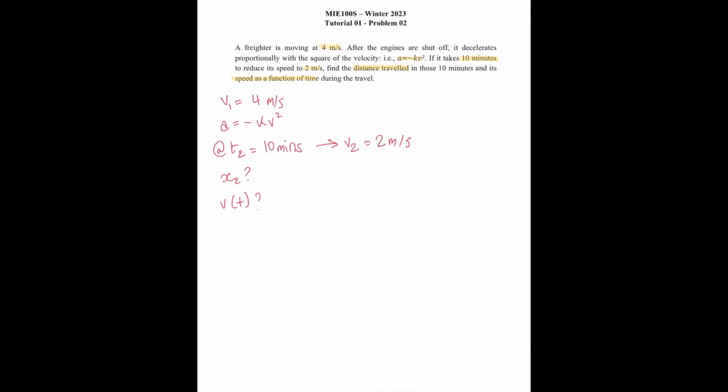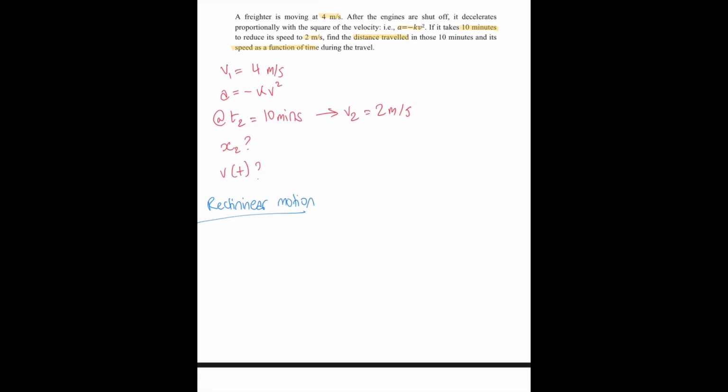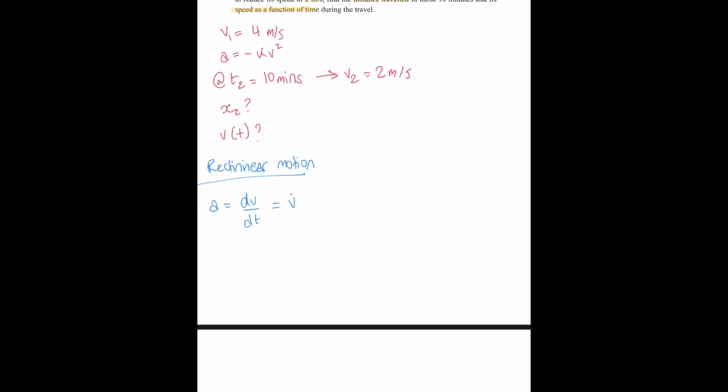All right, so as usual, we're going to be using our rectilinear motion equations. And we're going to start with a is equal to dv over dt. And from that, we know what a is.